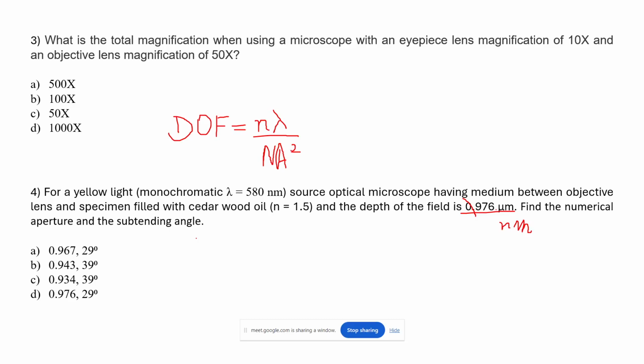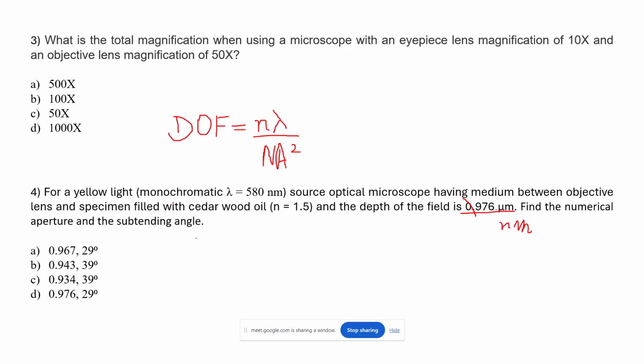Then you can easily cancel out the units. So now the numerical aperture will be 1.5 into 580 nanometer divided by 976. That comes at 0.891, and if I do the under root of this, then I'll get 0.944.